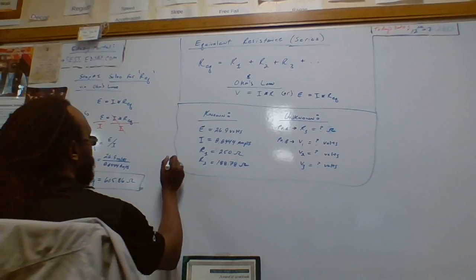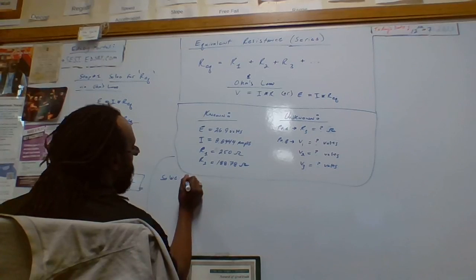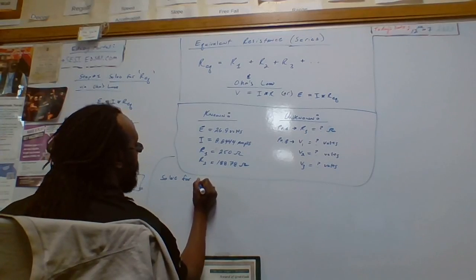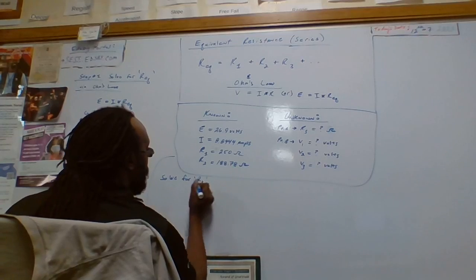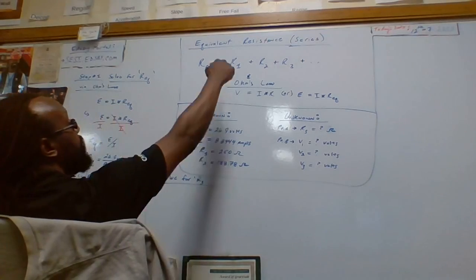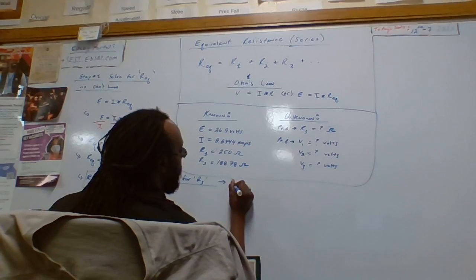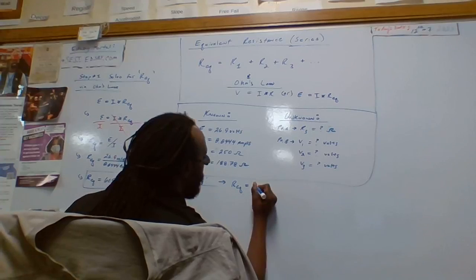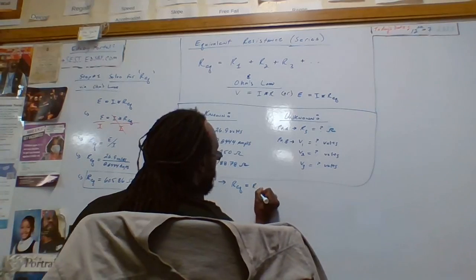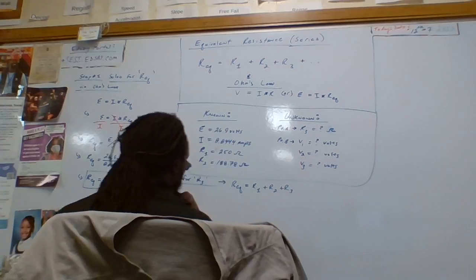Next step is solve for what we tried to find originally, which was R3, right? So to do that, we're going to use this equivalent resistance equation up here. That is equivalent to saying REQ is equal to R1 plus R2 plus R3.